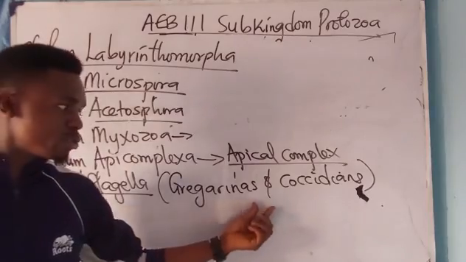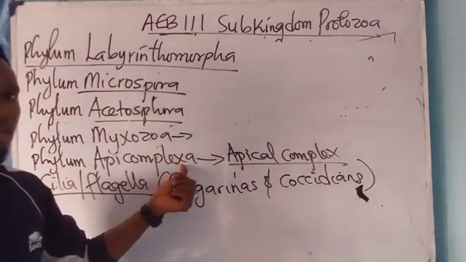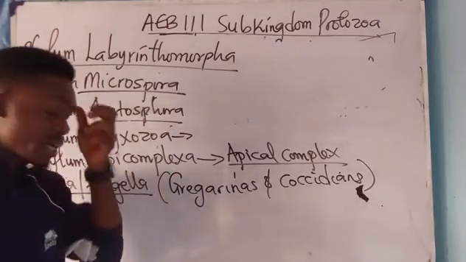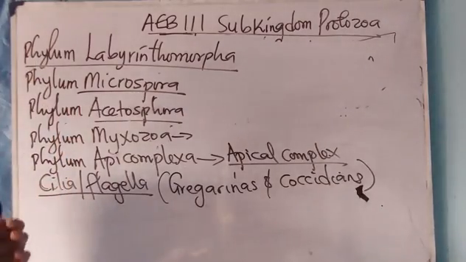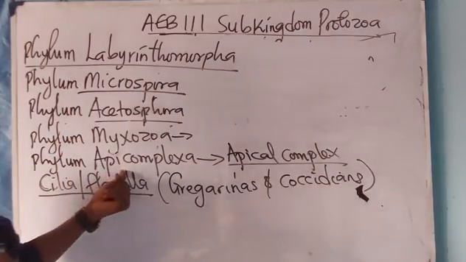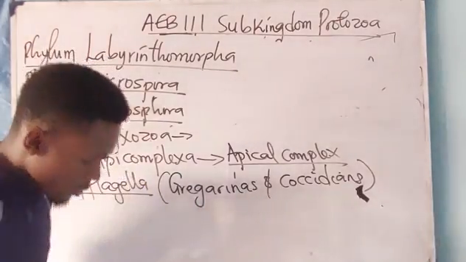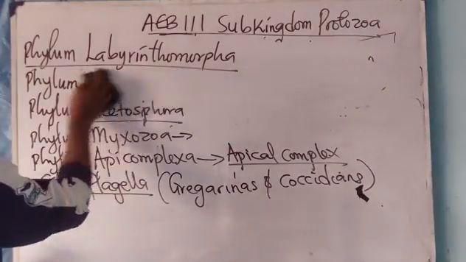They are the two major species of the Phylum Apicomplexa. Okay, other members are Babesia and Plasmodium. But the major species under Phylum Apicomplexa are the Gregarinans and the Coccidians.